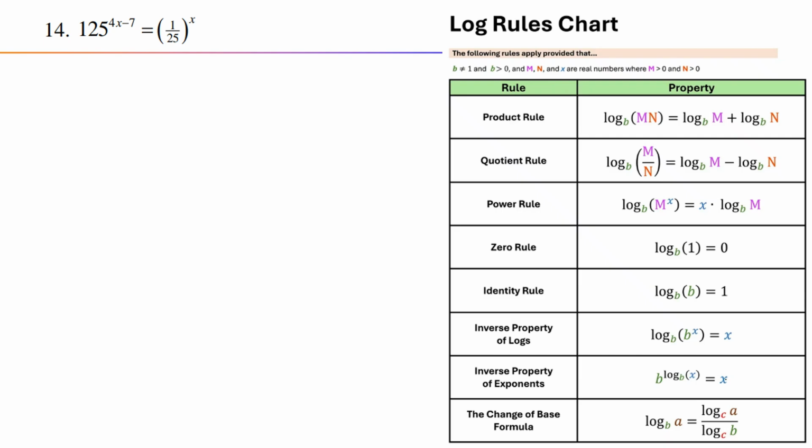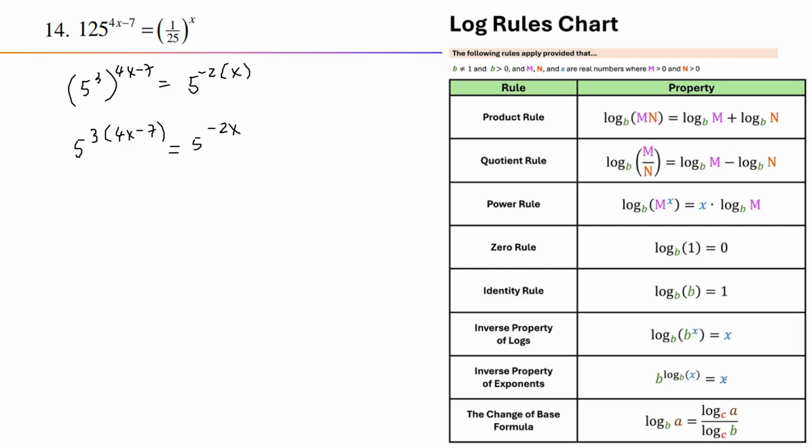So for this question, we see that 25 and 125, as we were working on before, are base 5. So 5 to the power of 3 times (4x minus 7) equals 5 to the power of negative 2x.